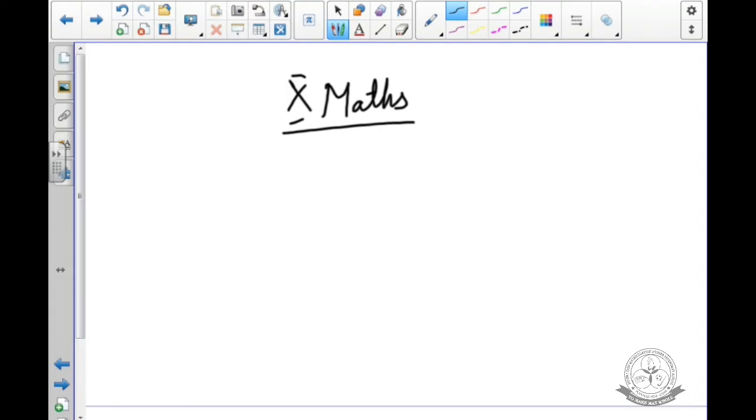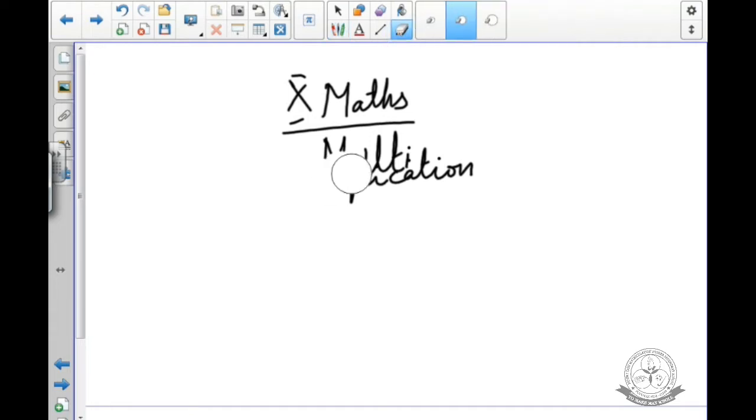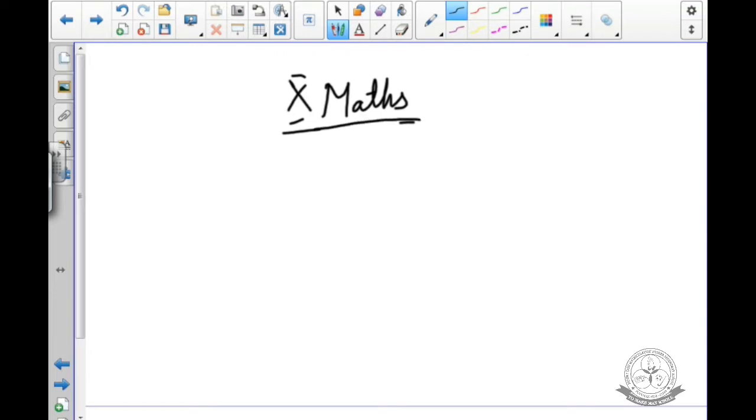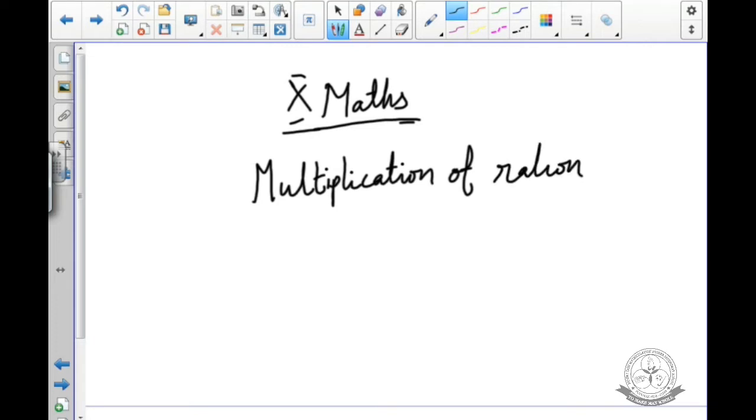So first we are going to see about the multiplication of rational expression.